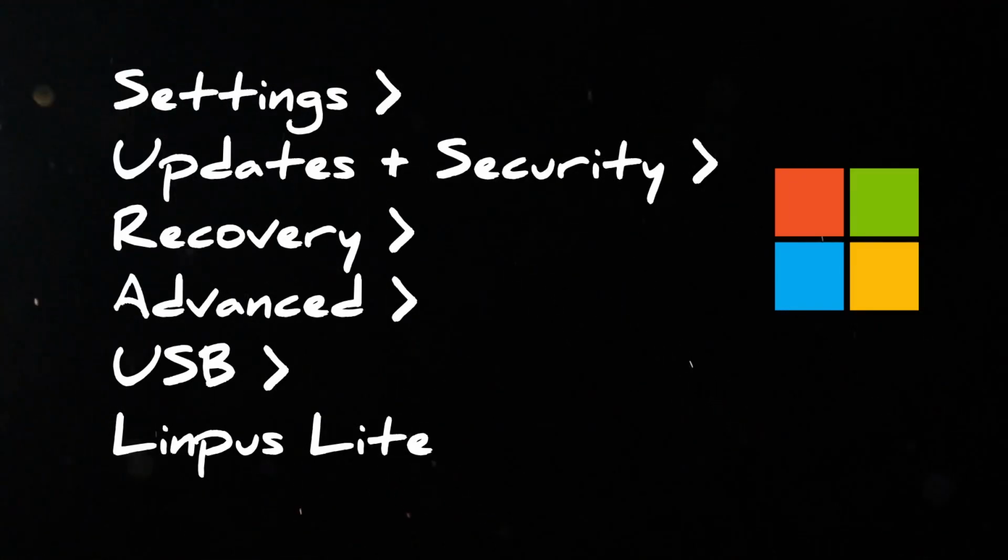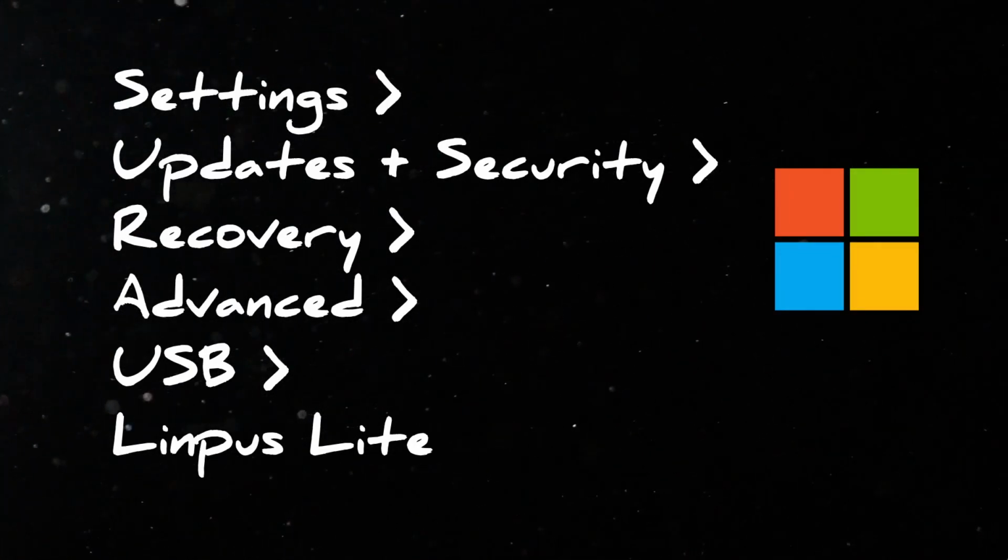Once you're there, you choose the USB drive, and you'll see something along the lines of using Limpus Lite, which is Linux in this case, even though your distribution is not called Limpus Lite. So you can boot it from there and just do this. So it'll reboot the system, and you'll end up in your Ubuntu installation.